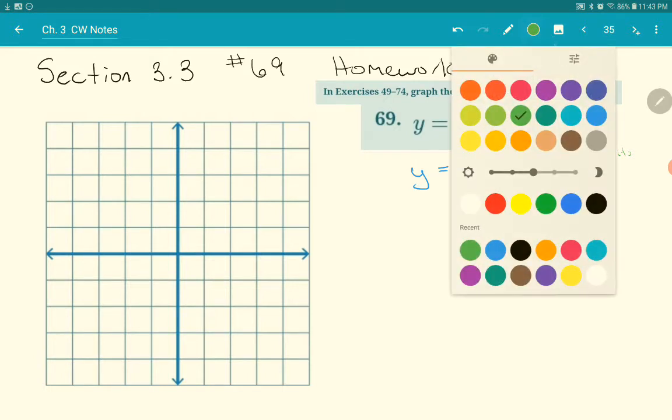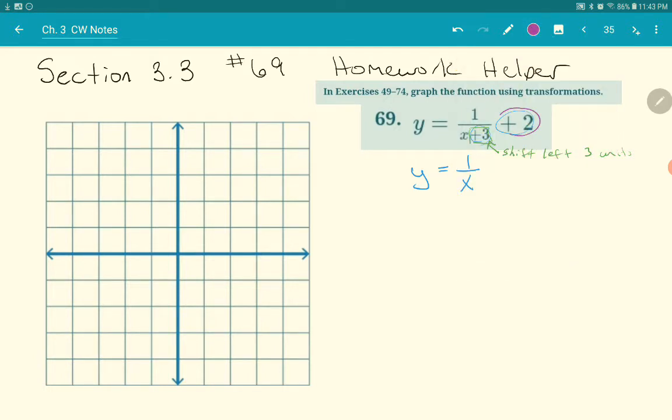And then the +2 tacked on to the end is our vertical shift. So that's shift up 2 units. So our f of x is 1 over x, and our transformed function is going to be f of x plus 3 plus 2.